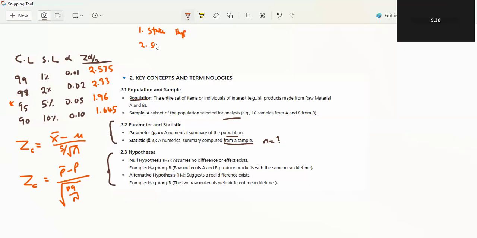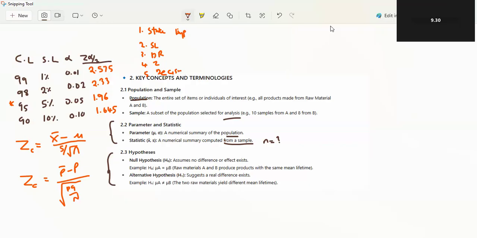Step three, make your decision rule. Step four, calculate the critical value of Z. Step five, make the decision. So these are the 5 steps that you need to follow through a complete, comprehensive hypothesis testing.